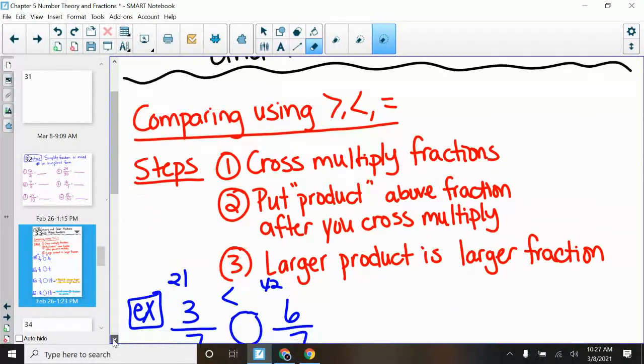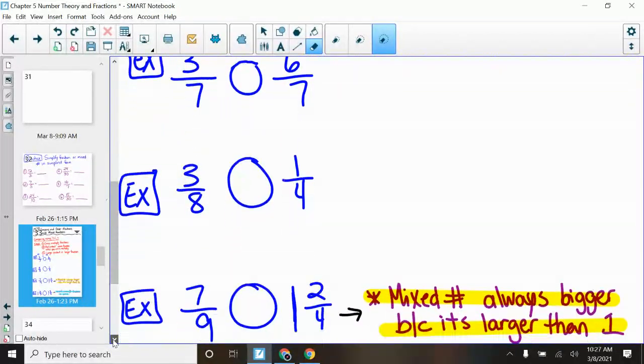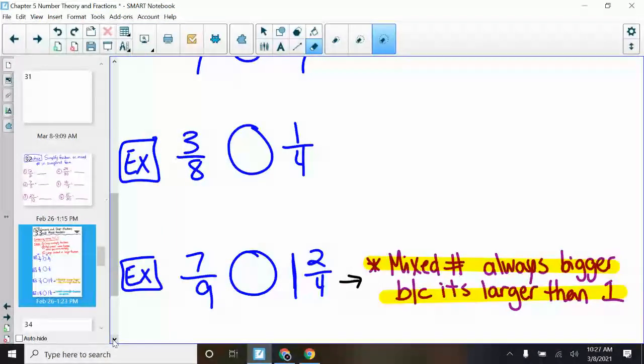So we know how to compare these proper fractions, but what happens if we have to compare a proper fraction and a mixed number? Look at the little note off to the side. The mixed number is always going to be bigger because a mixed number is always larger than 1. This proper fraction right here, we know proper fractions are always greater, less, or equal to 1?